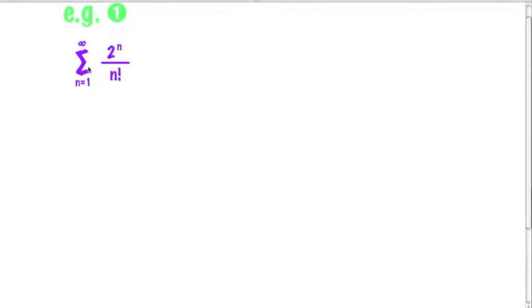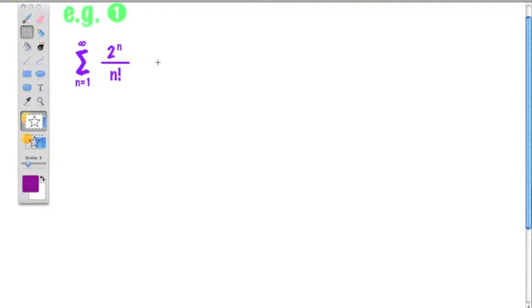So here is our first example, 2 to the power of n over n factorial.